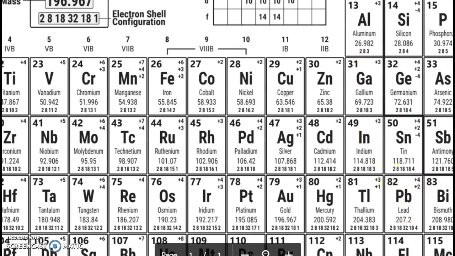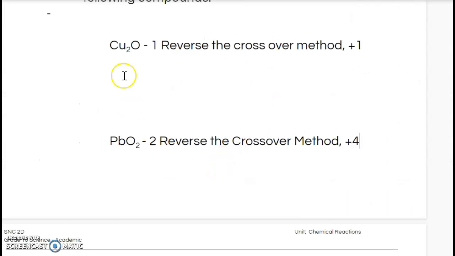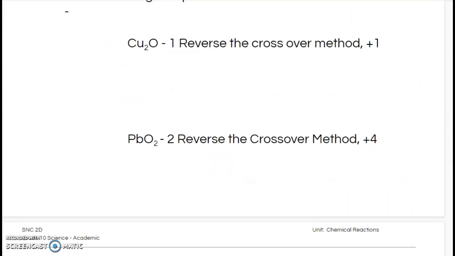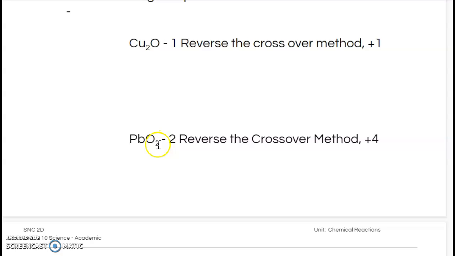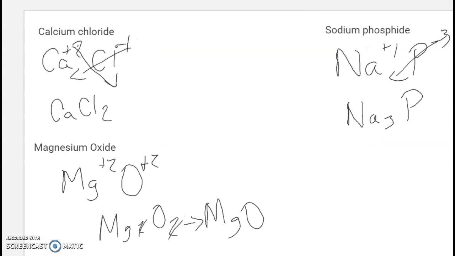It does. Lead does have a +4 charge. The reason we know this is because if I bring this 2 back up here to lead and make it lead +2, this would have a charge of 2 and this would have a negative charge of 2, and that doesn't equate.